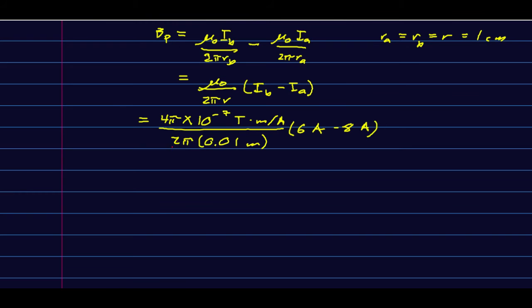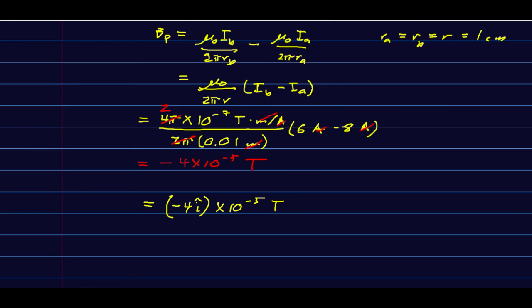And at that point, you can practically do this in your head, because this cancellation means you just have 2 times 10 to the negative 7 over 0.01, 2 times 10 to the negative 5 times negative 2, so negative 4 times 10 to the negative 5, and look at the units, meters, amps, and we just get Teslas as we should.